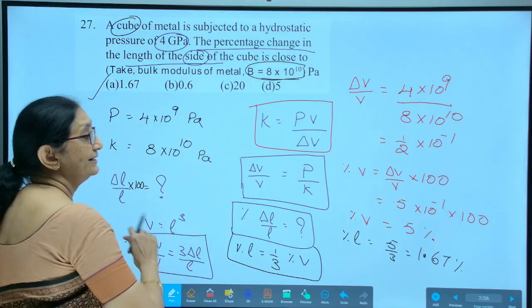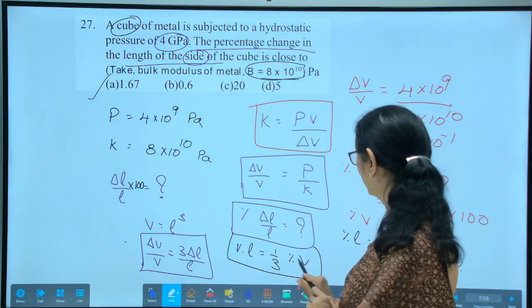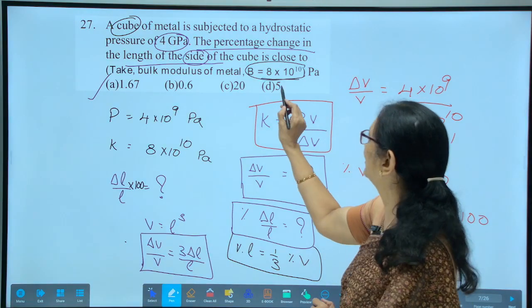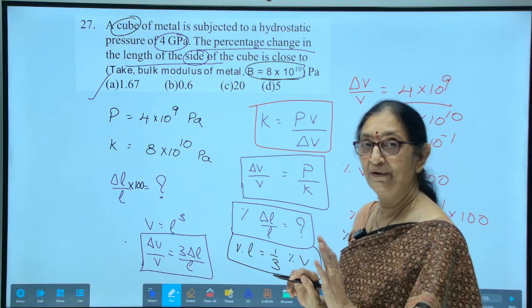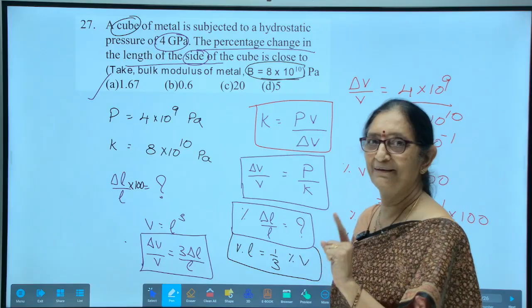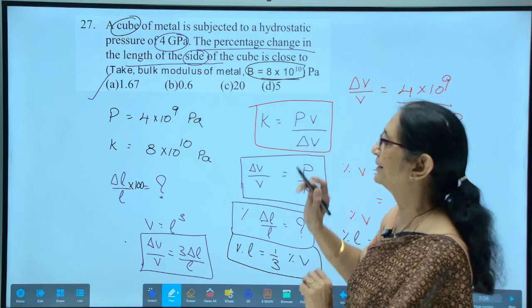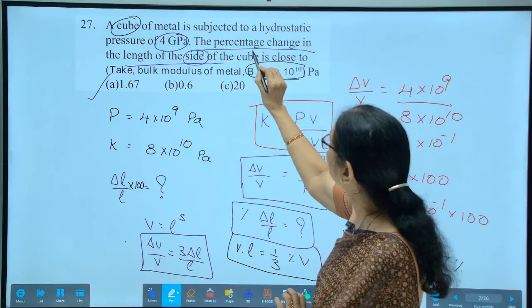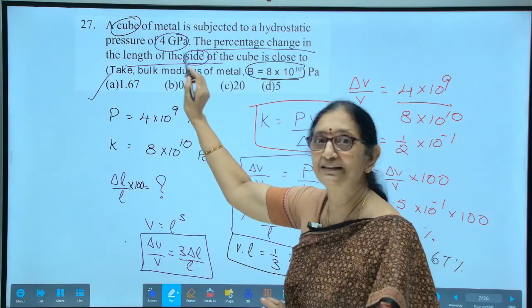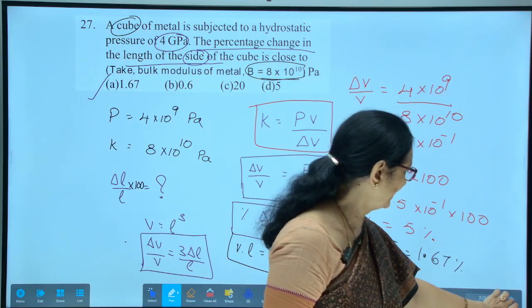Okay, so in such areas you have to be very cautious, because once you get this value 5%, you get excited seeing this number. If you are hasty, you will be getting -1 instead of getting 4 marks. So the most important keyword that should be registered properly is that percentage change in length of the side is asked. Okay. Now move on to the next problem.